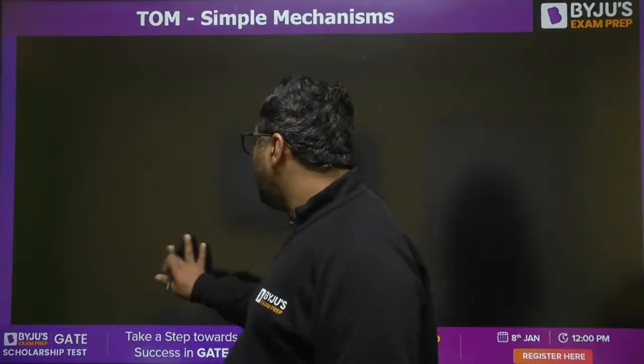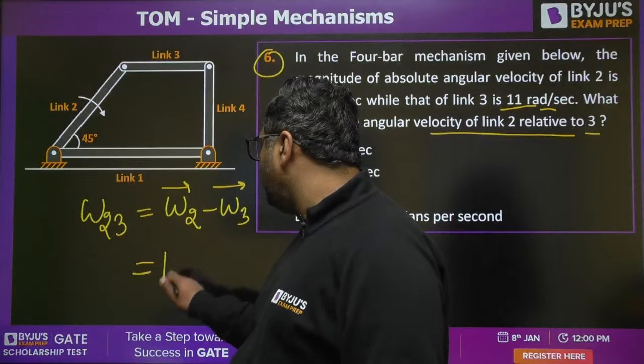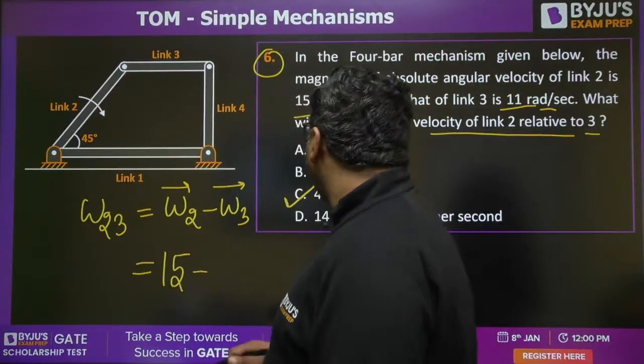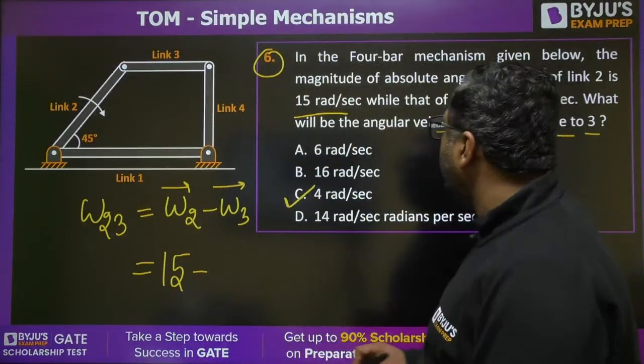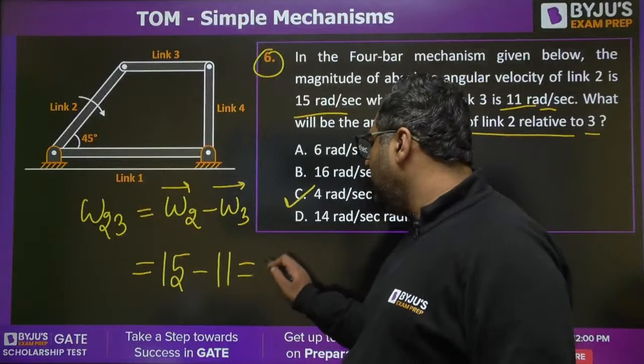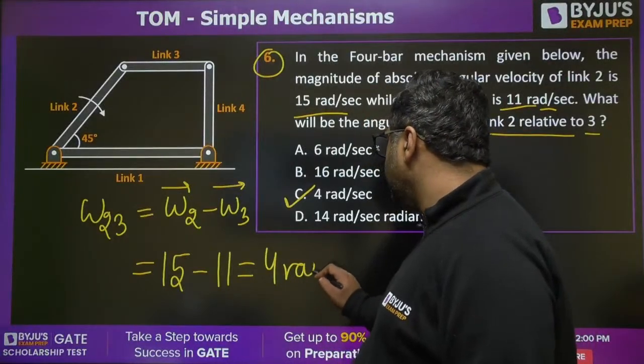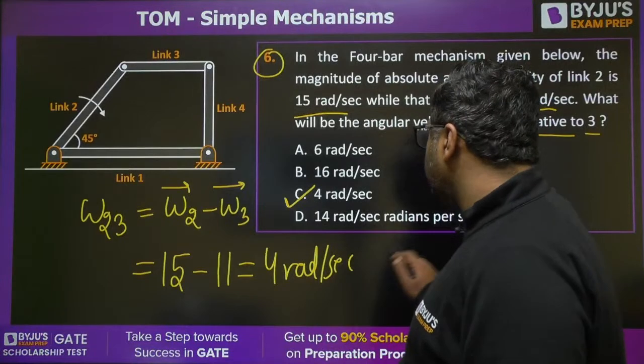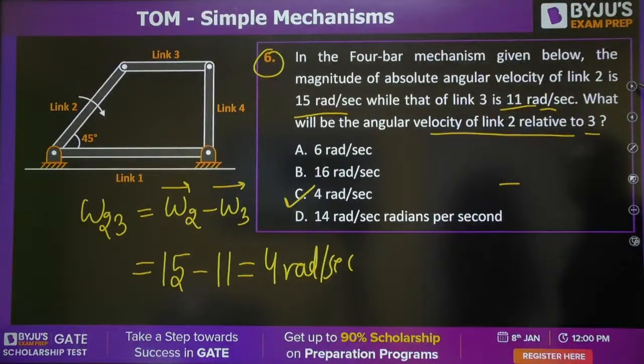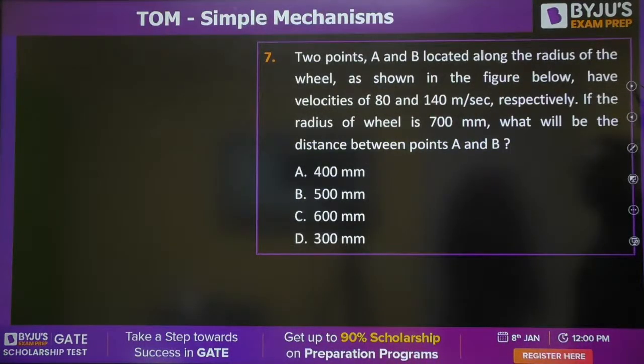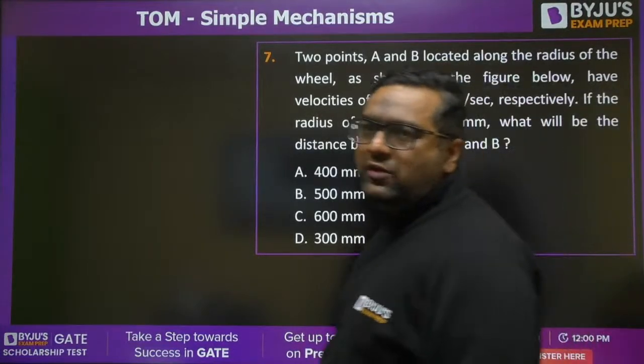We are going to have omega 2 equals 15 and omega 3 equals 11, so the answer will be 4 radian per second. This is easy, but this type of question is not covered, that's why I have taken this. So this is one more type of question from pure rotation.